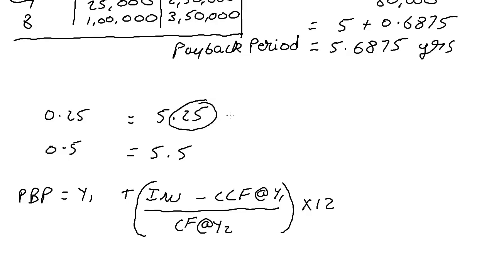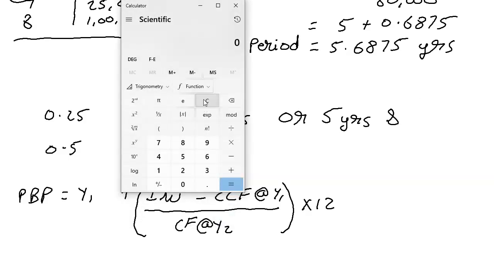If you take 0.25 and multiply by 12, you're going to end up with, let's see, one more time we'll do the calculation. Maybe it's not 4, it's 3.